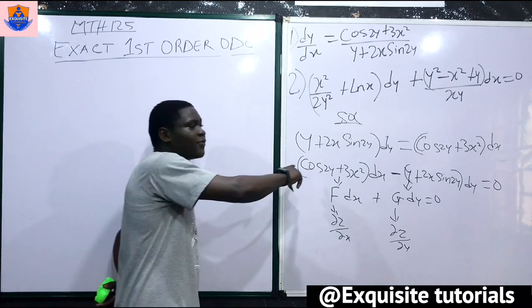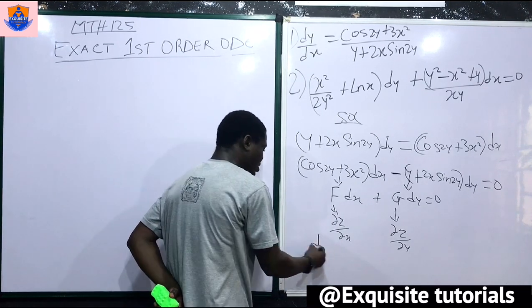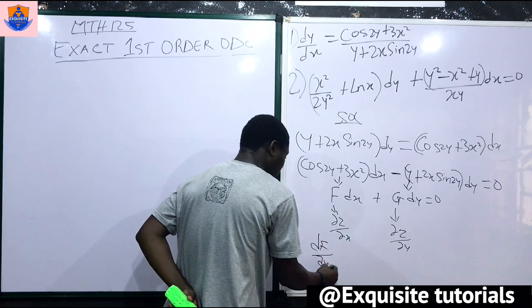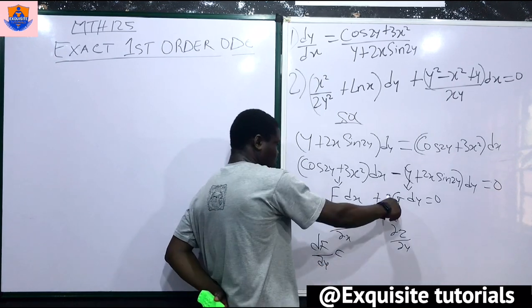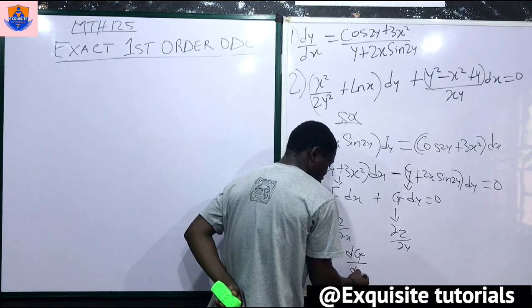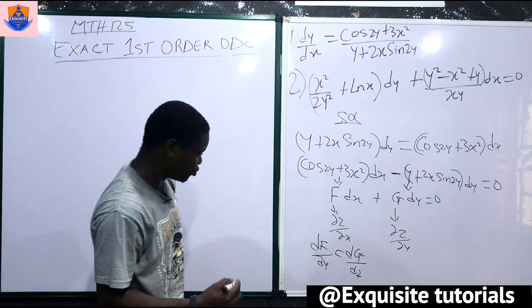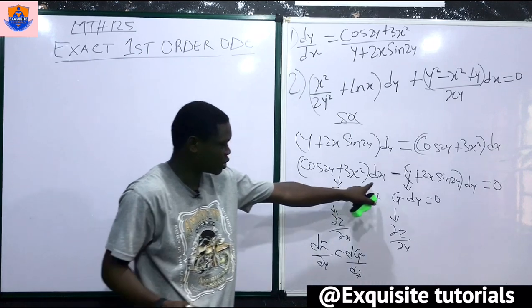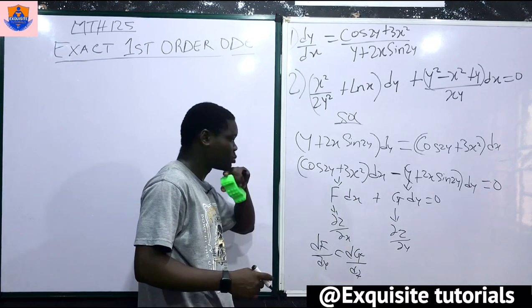We also said for this equation to be exact, our df over dy must be equal to dg over dx. So let's test if this is true. I'll be differentiating this function. Since there's dx, I'll be differentiating it with respect to y.